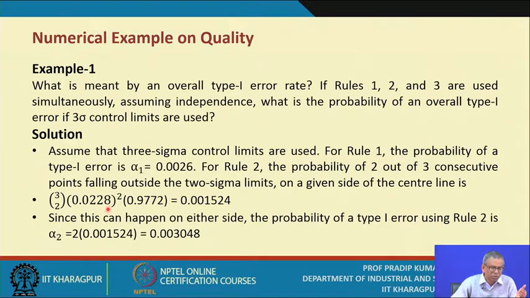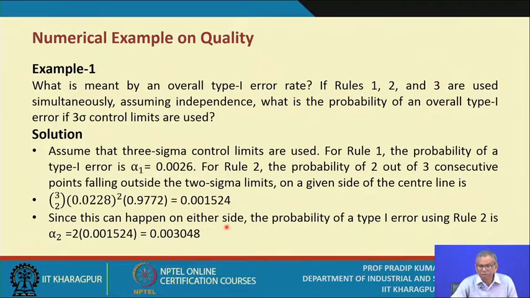Beyond 2 sigma, on one side it is 0.0228, on the other side again 0.0228. So the two points outside the warning limits give 0.0228 squared, and the third point may be anywhere, so this is 0.9772.